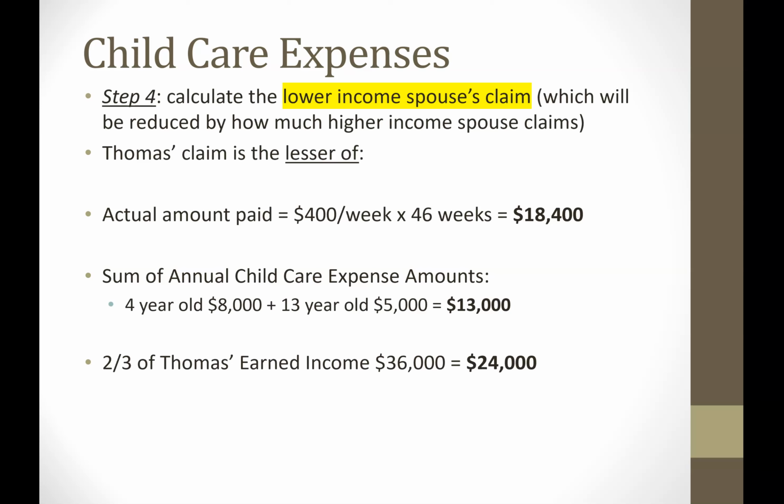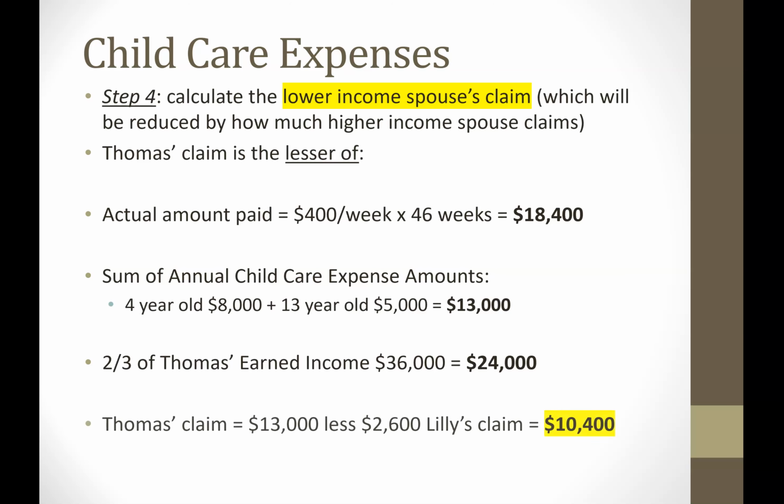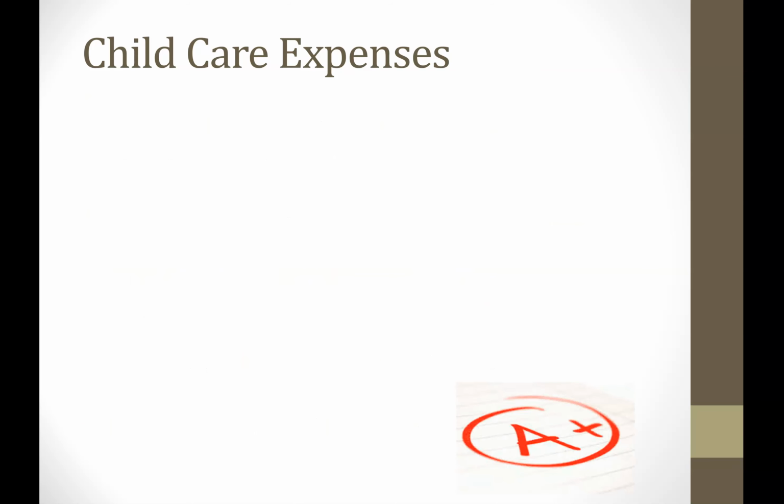His earned income is $36,000, so 2/3 is $24,000. Now, the lesser of the 3 is $13,000, and from that we have to subtract Lilly's claim of $2,600. So Thomas is only able to claim $10,400 as a 3C deduction for child care expenses when he calculates his net income for tax purposes. And then we move on to the final step on the next slide.